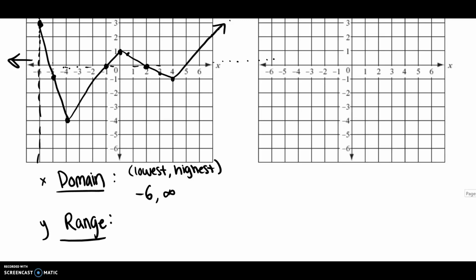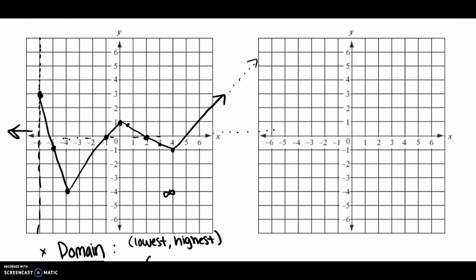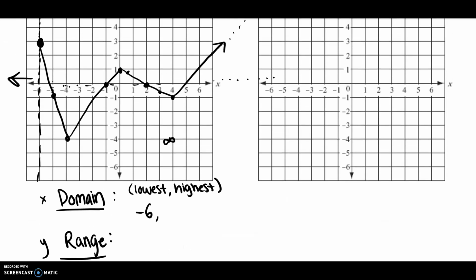And -6 is included, so we want -6 to be a part of our domain, and to include that, we would draw a bracket. On infinity, we always throw parentheses around that because infinity is not a number we can include. It's a concept. So that's how you would write the domain of this graph in interval notation.